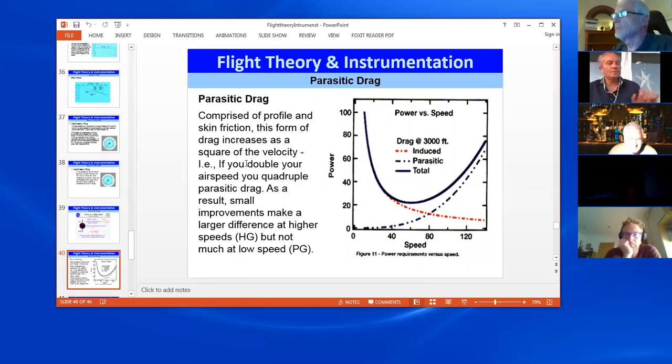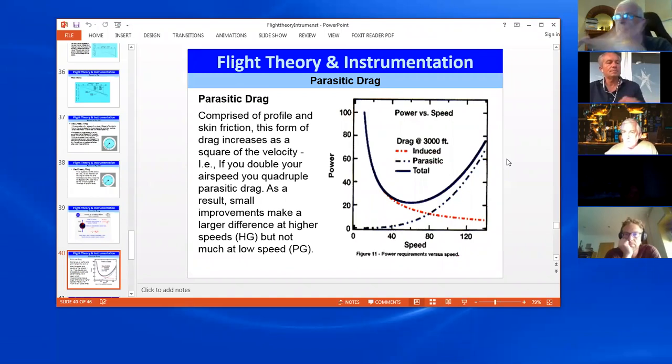Parasitic drag is the one that increases as a square of the velocity. If you look at this diagram, you've got the black dotted line. At low airspeed, parasitic drag is low, but it accelerates rapidly the faster you go.